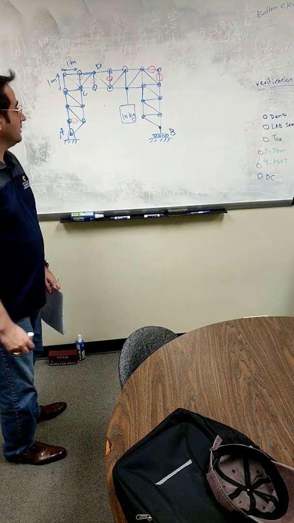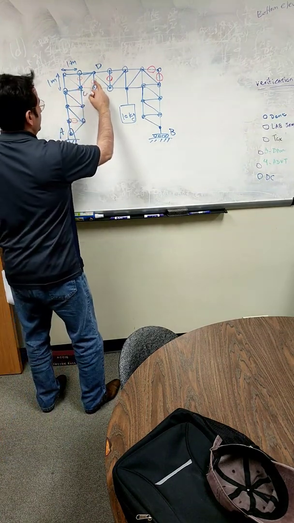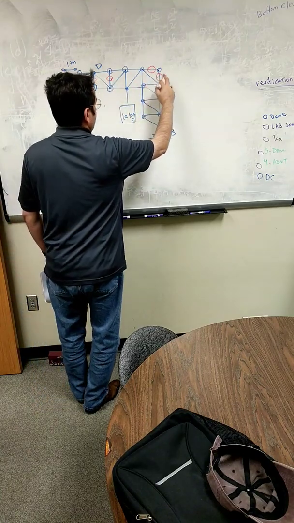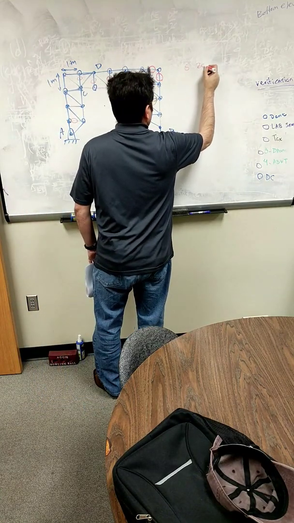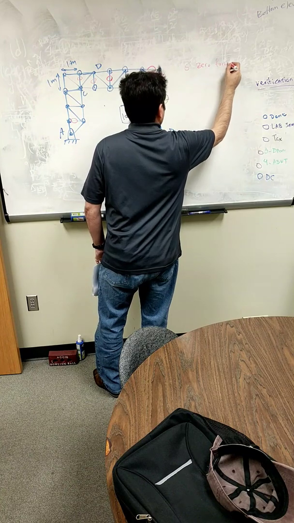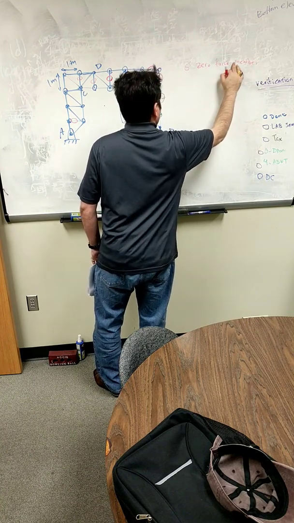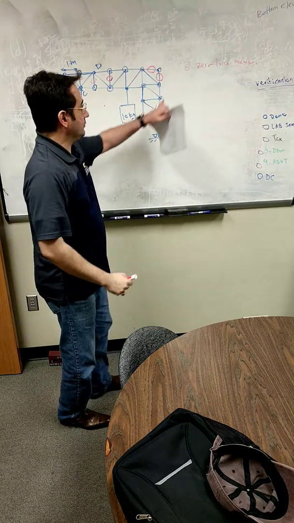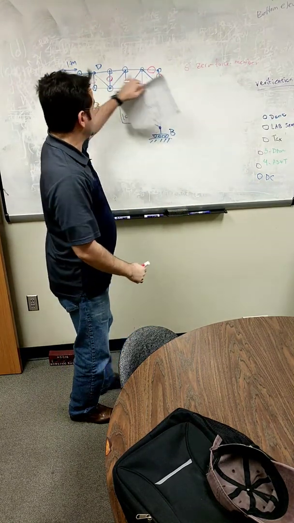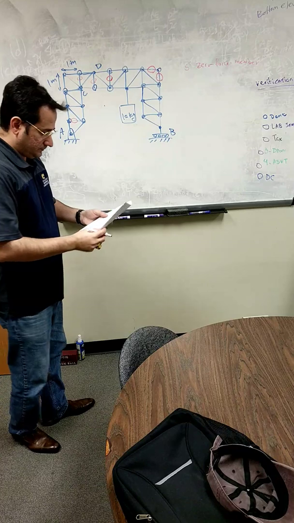That's all. So I have 1, 2, 3, 4, 5, 6 zero force members. Even if you don't write 6 zero force members and you just circle them, it's acceptable.